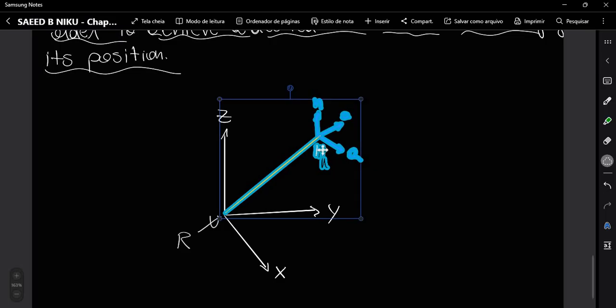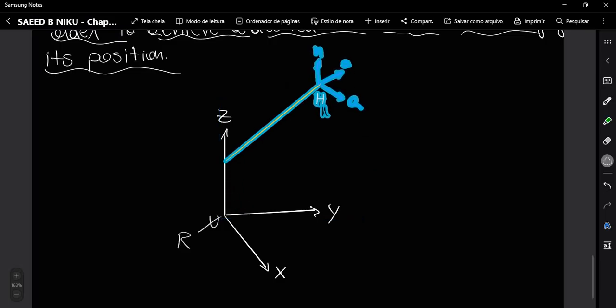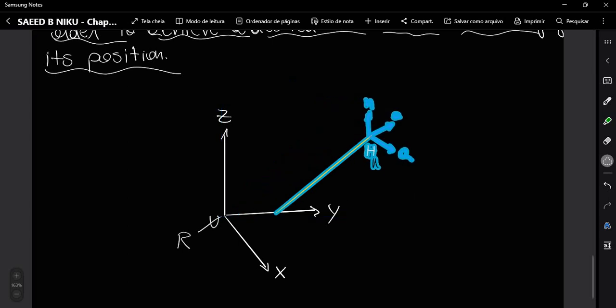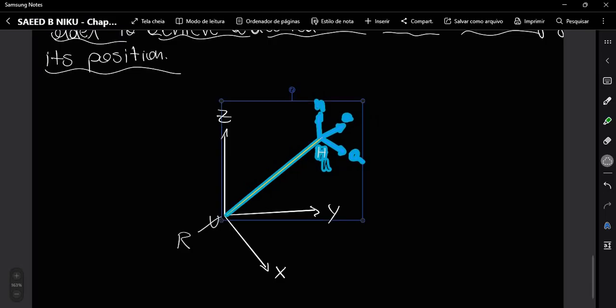We can translate along the z-axis. We can translate along the y-axis, and as this is just a simple arm with just one link, and I'm saying as well that it is fixed on the region of this reference frame, it is a limited robot, okay?